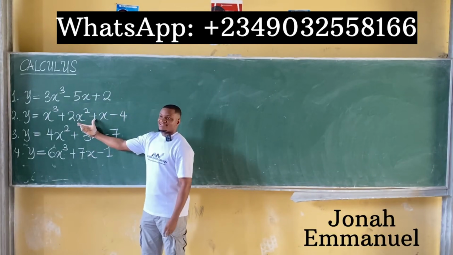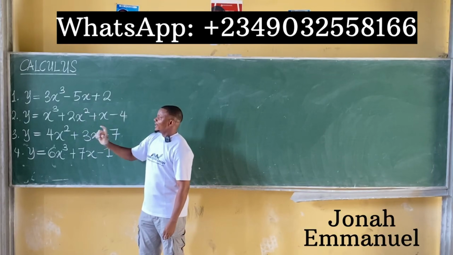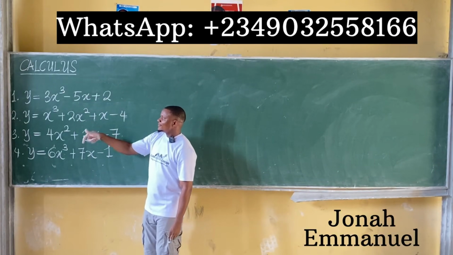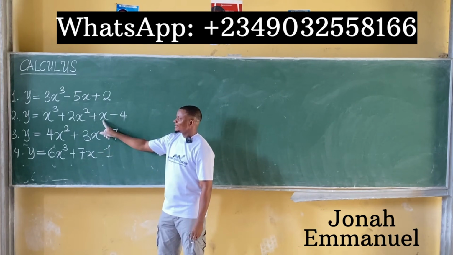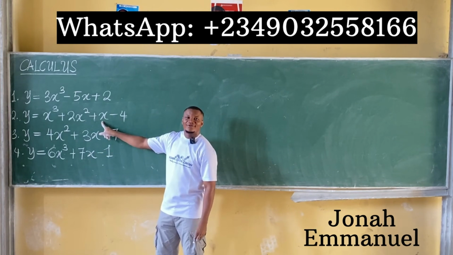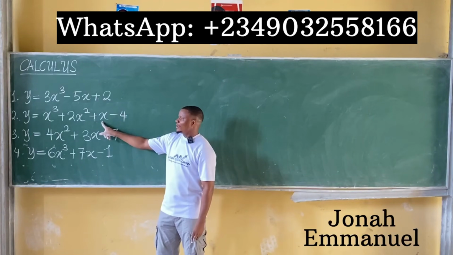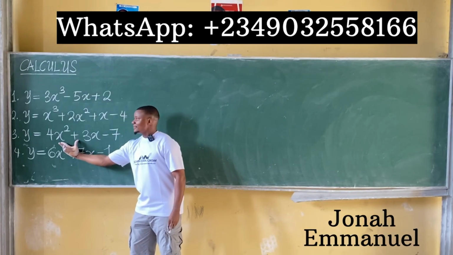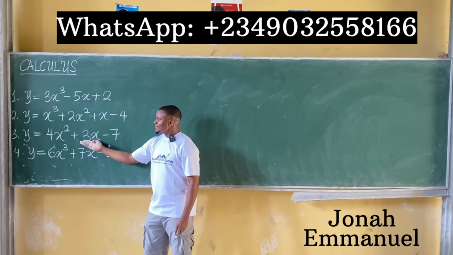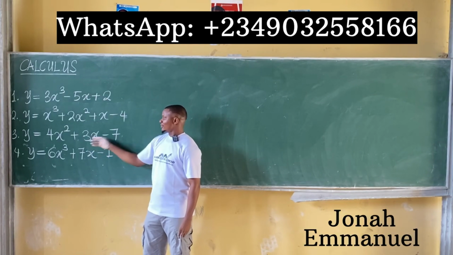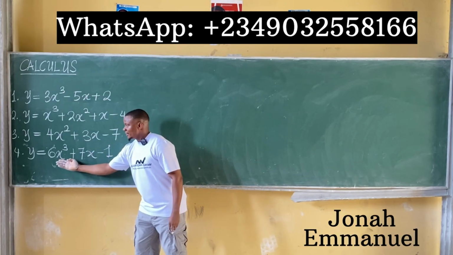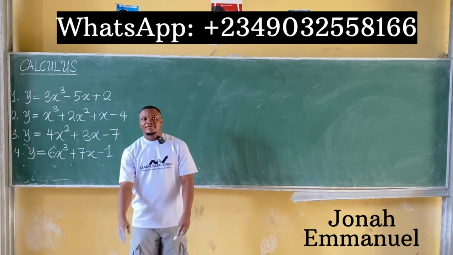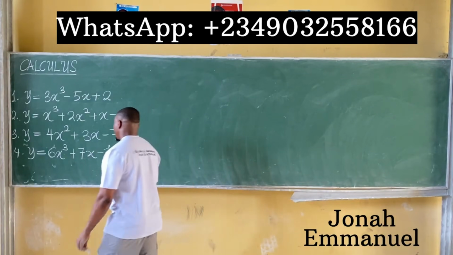Here, what's the dy/dx? 3x squared plus 4x plus 1. The constant is off, don't stress. What's the dy/dx here? Plus 3, the constant is off. What do I have here? 18x squared plus 7.